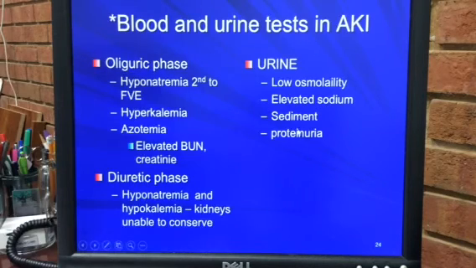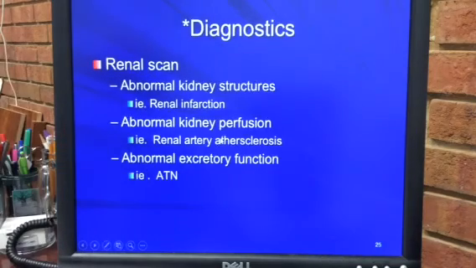There may be sediment and protein in the urine. The diagnostics were mentioned in the DVD presentation. You may see a renal scan to identify some kind of structural problem.